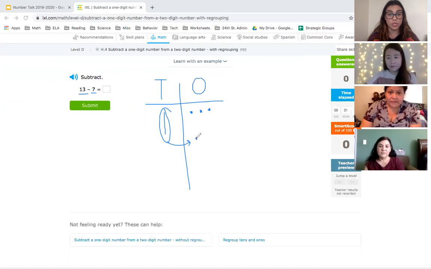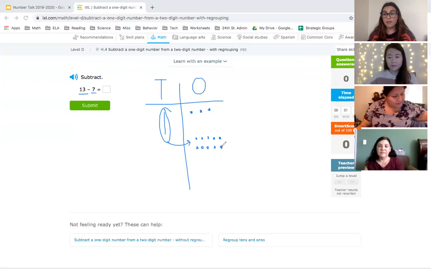So I have to redraw all of the 10 ones, and I like to group my ones into fives because I love counting by fives, and it's a lot easier for me to subtract from there. So I have 4, 5, and then 10. Beautiful. So now I have enough ones to subtract 7 ones from.